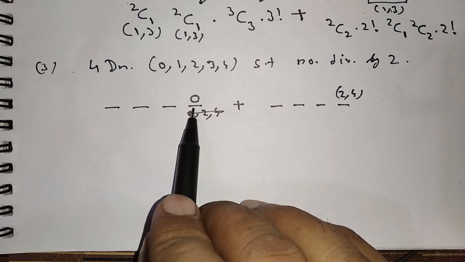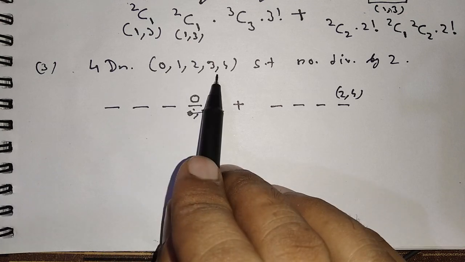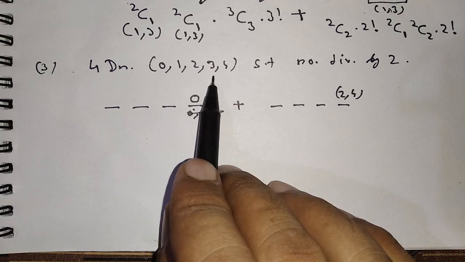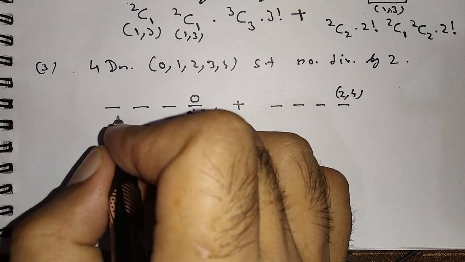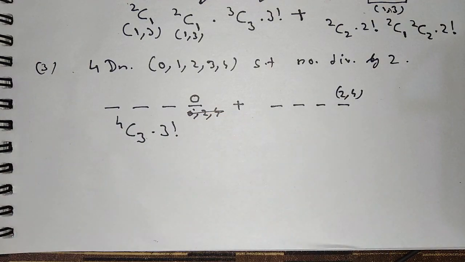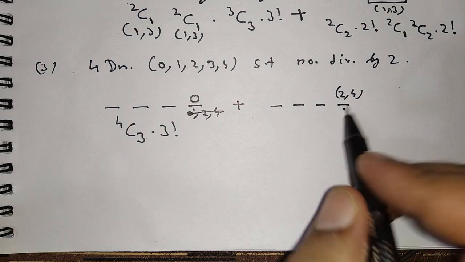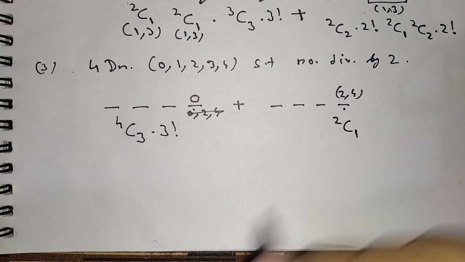So when 0 is occupied here, we have the remaining 3 digits out of 4 numbers, and all are non-zero. So these can be arranged as 4C3 into 3 factorial. Now in this case 2 or 4 is occupied at the unit digit, that is 2C1.